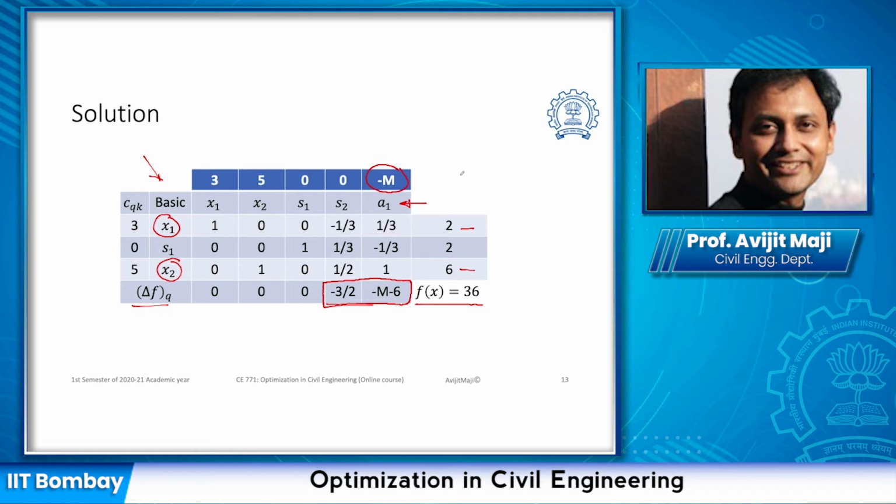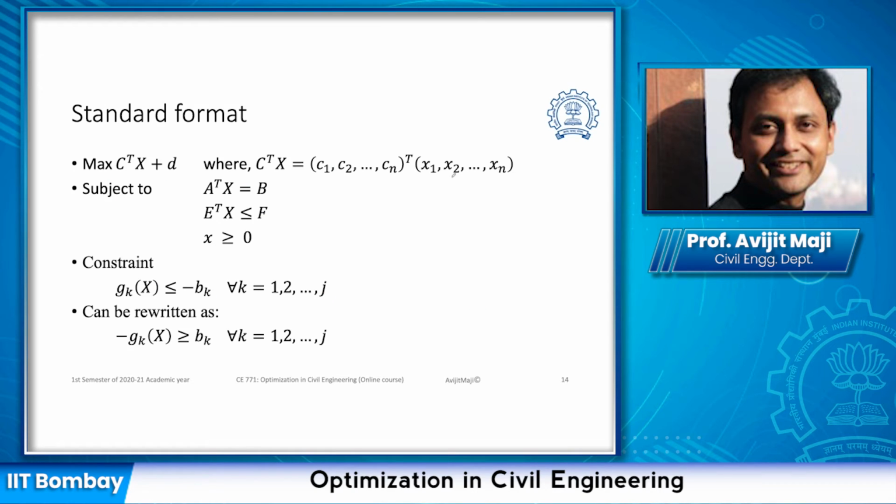Now we'll look into some of the special cases. For example, in the standard format of the linear programming problem which we are using in this class, the objective function is a linear function which we are maximizing. The constraint could be an equality constraint, and if it is an inequality constraint, it should be less than or equal to a constant value. So if we obtain this constant value as a negative value, then what should we do?